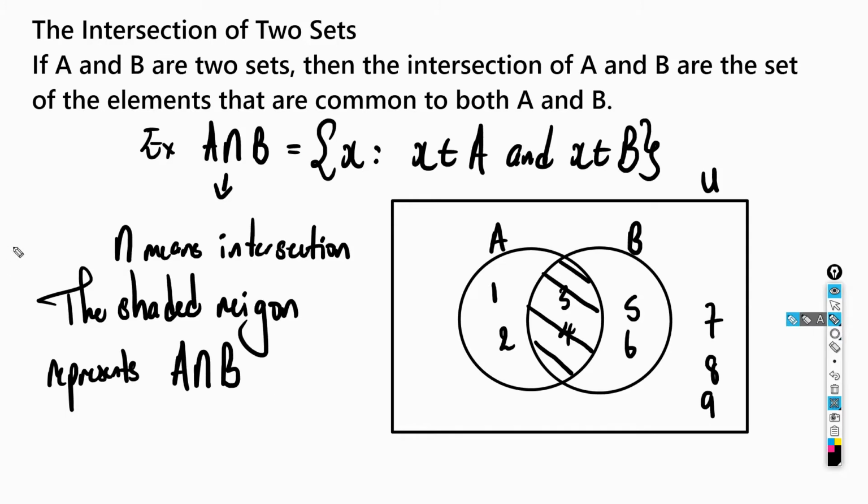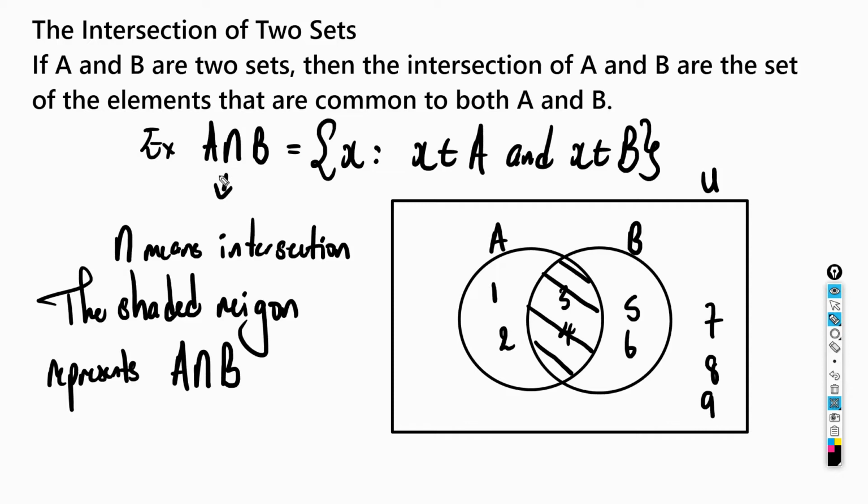All right, guys. Awesome. So we're looking at this definition now, and it says the intersection of two sets. All right. So if A and B are two sets, then the intersection of A and B is the set of elements that are common to both A and B. Okay? Cool.